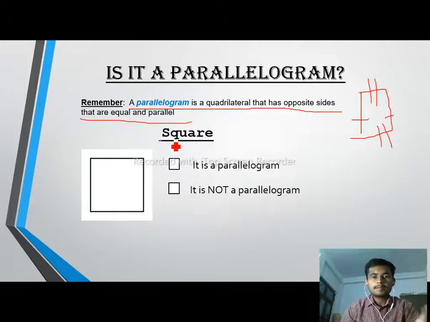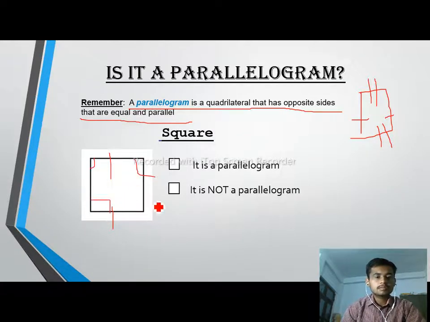Is a square a parallelogram or not? Let's see. As we have already discussed the properties of a square, what is the property of a square? A square is a quadrilateral having four equal sides and four right angles, four 90-degree angles.